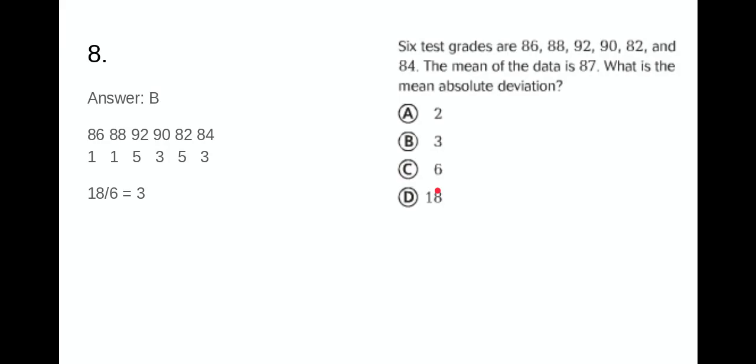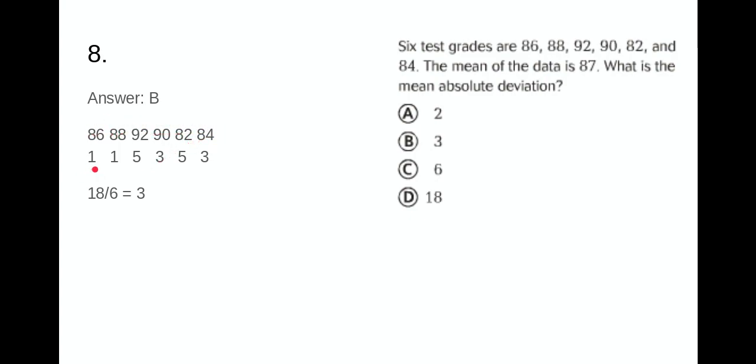Number 8, answer is B. What is the mean absolute deviation? So to find mean absolute deviation, I would write down all of my values. Then take your mean, which they have already figured out, which is 87. Take 87 and subtract it from each one of these values.